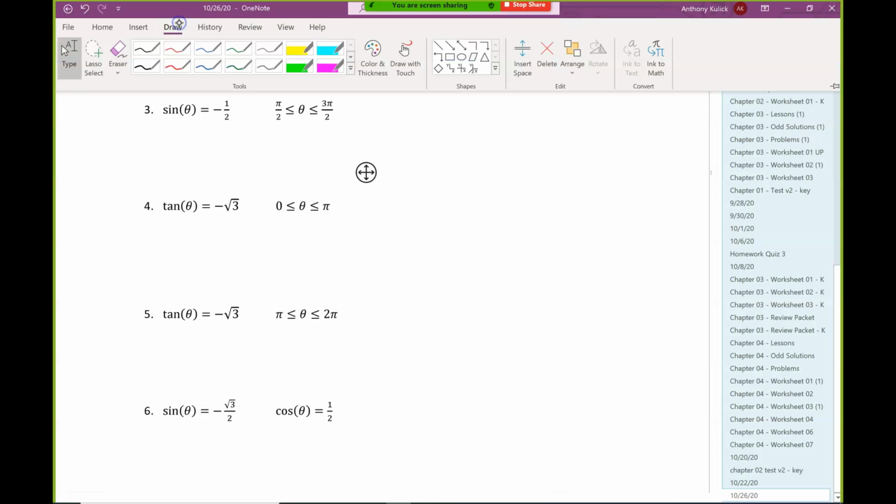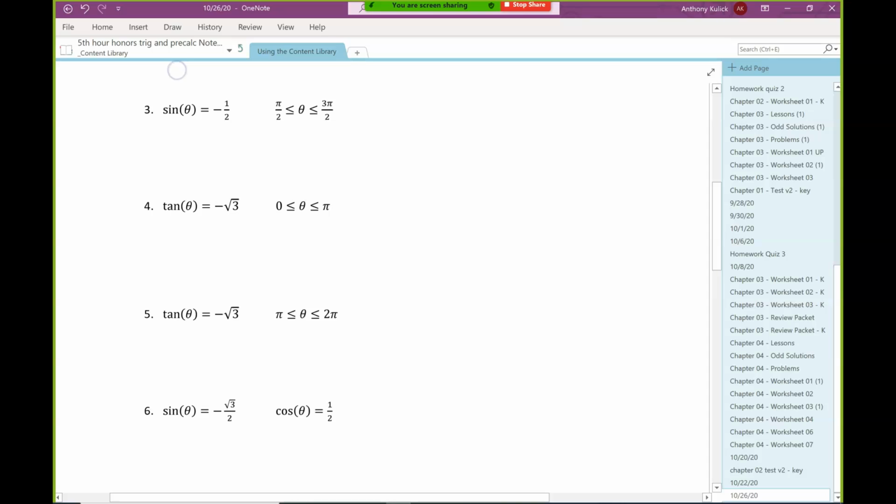So here we're told that tangent of theta is equal to negative root 3, and we want to find an answer between 0 and pi. So the first thing I'm going to do is identify what quadrants tangent can be negative. So tangent can be negative in quadrant 2 or quadrant 4.